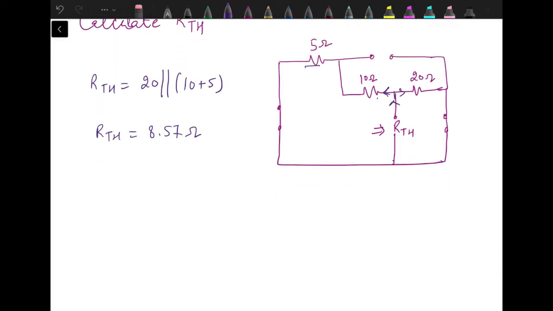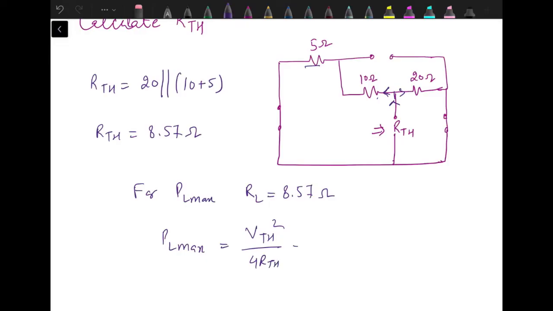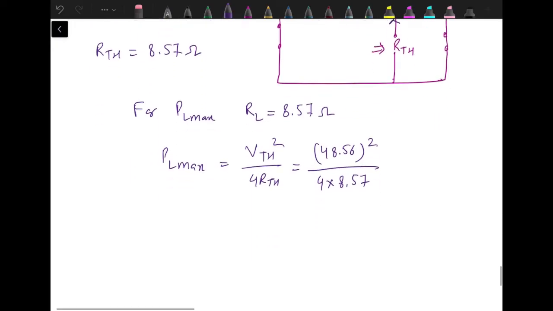So for maximum power transfer, RL should be 8.57 ohm, and then we need to find out PL max as well, which is VTH square by 4 RTH. The value of VTH was 48.56, upon 4 into 8.57.